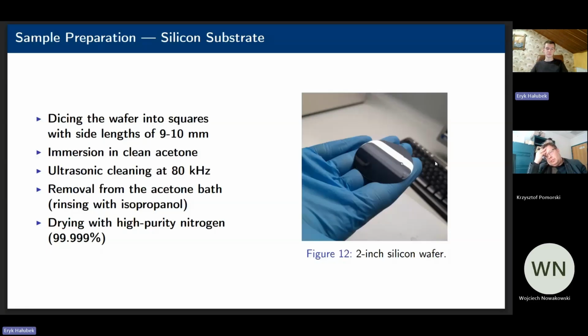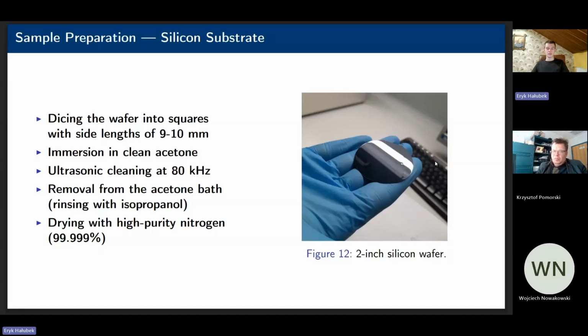And it's important because acetone evaporates much quicker than isopropanol, and it leaves all kinds of impurities that were dissolved into it on the surface of our substrate. So if we rinse it with isopropanol before taking it out of the bath, that prevents these impurities from crystallizing out of the acetone.